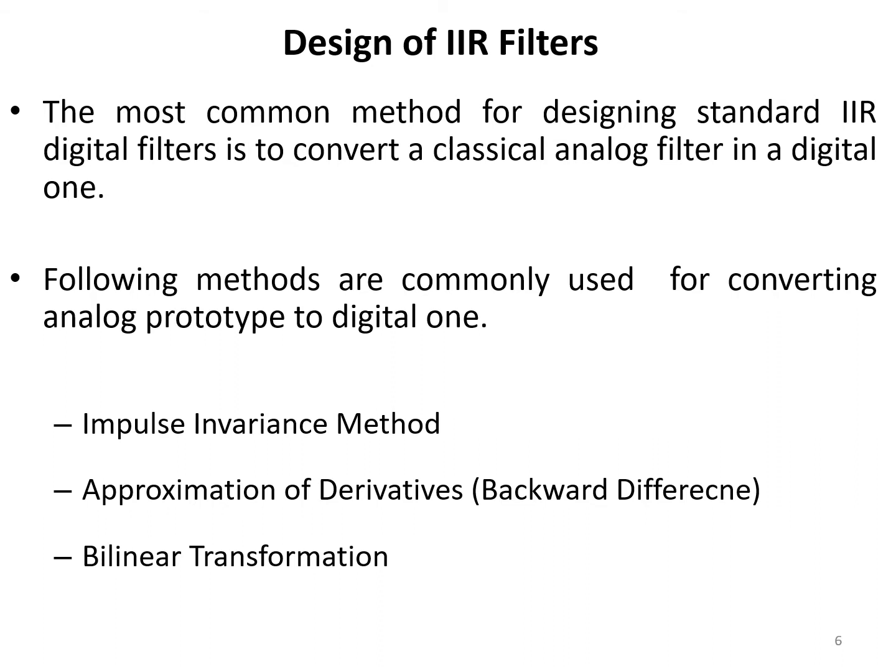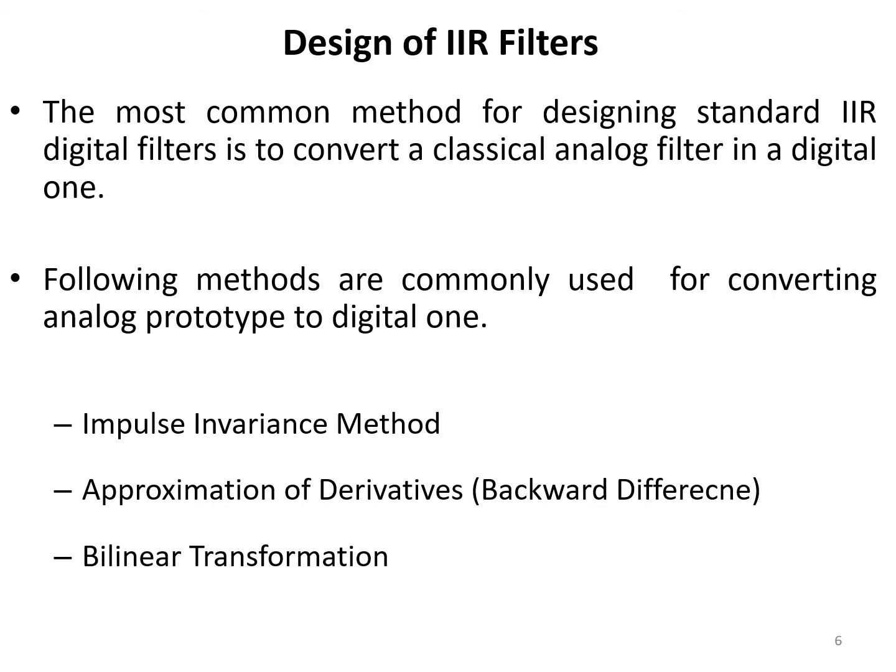Now there are various design methods for IIR filters, and the most common ones are where we already have an analog filter and we want to implement it digitally. Then we have some conversion methods that are used to convert the analog filter into a discrete time filter or digital filter, and other direct design methods are also available.